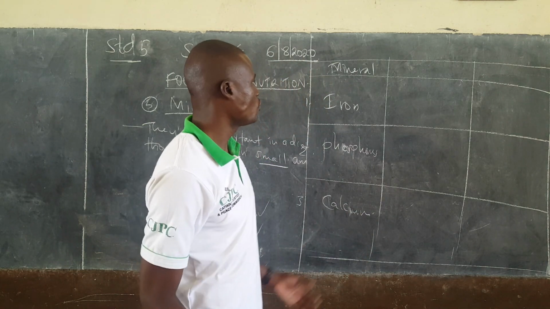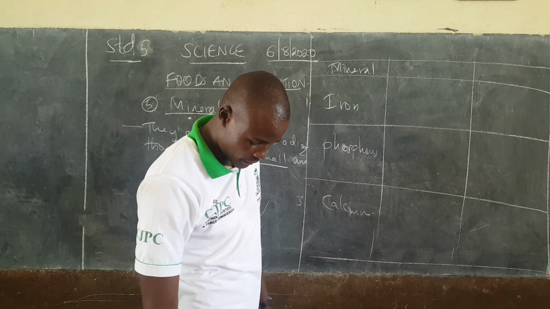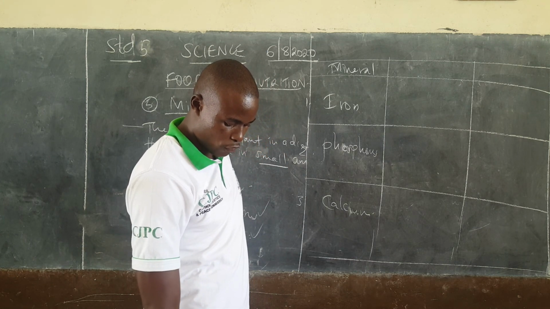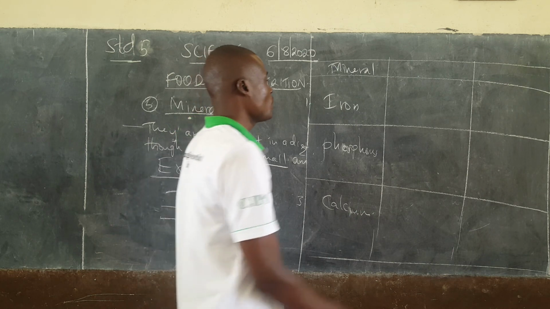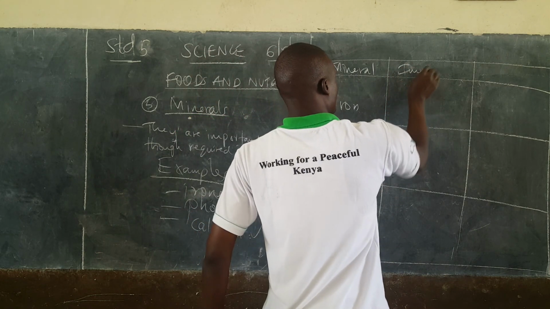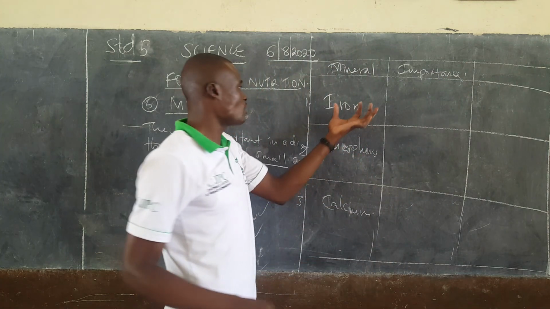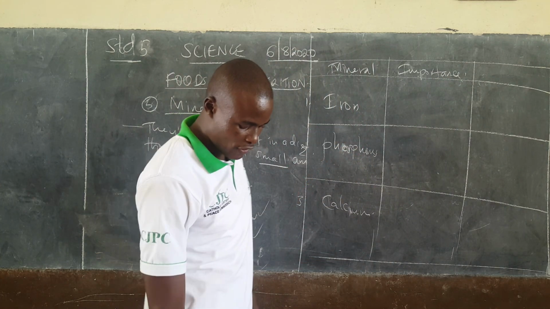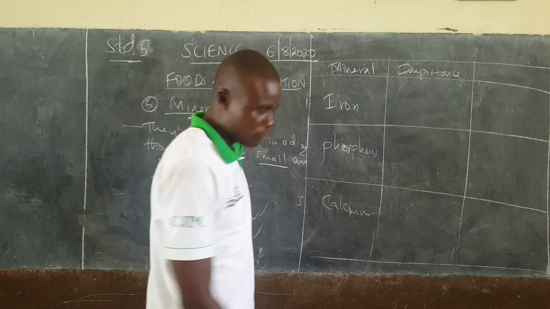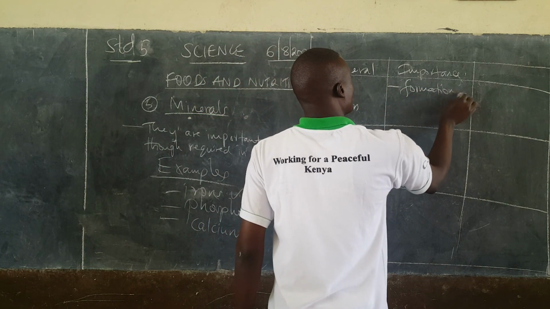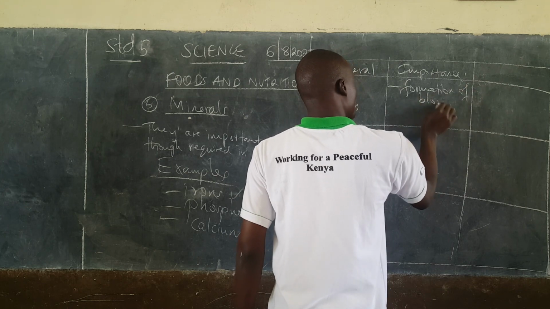After that, learner, we need to know something about it. Number 1, it is a mineral that is important in the body for the formation of blood. So we have the importance of iron in the body. Let's mention that it is important in the body for formation of blood. So we have the first one, formation of blood.